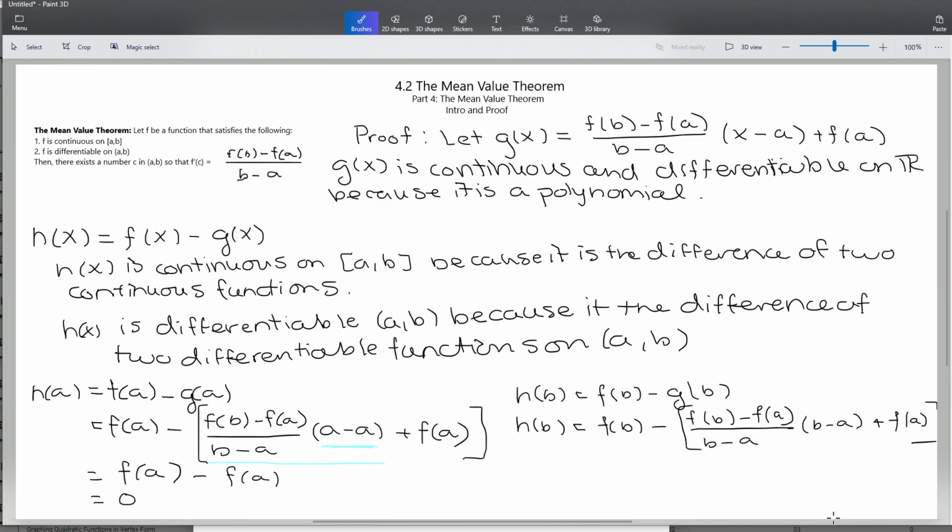Okay, now what's going to happen over here, right, is that this b minus a is going to cancel with this b minus a. Okay. So this is going to be f of b minus, okay, now all I have is the numerator of this fraction, which is f of b minus f of a. Okay, and then I still have this plus f of a.